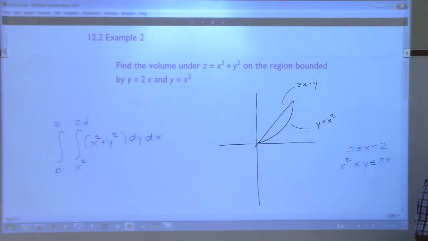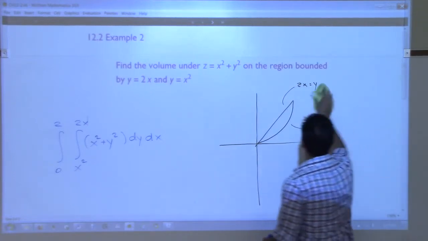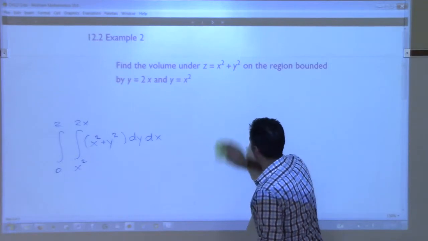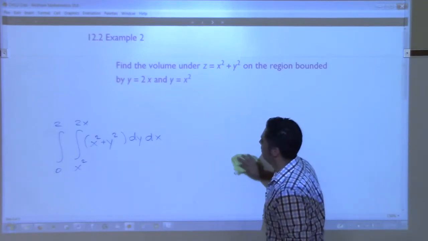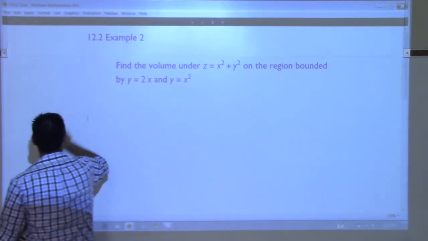Functions of y. That's type 2. Oh, I called it. Okay, so I'm going to stop there and move on. I wish I was wrong.